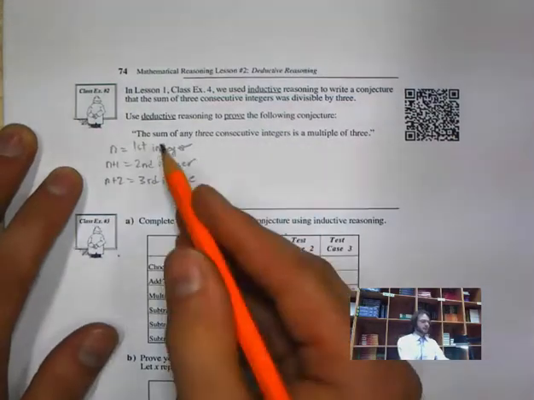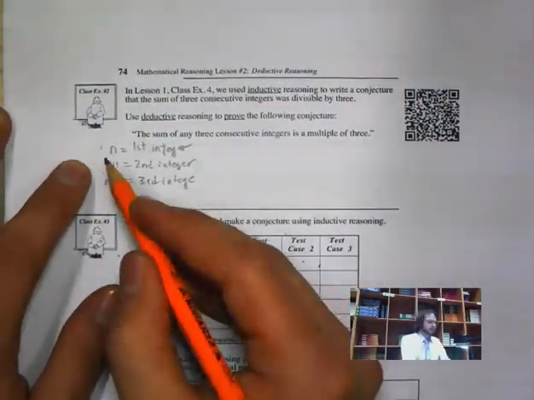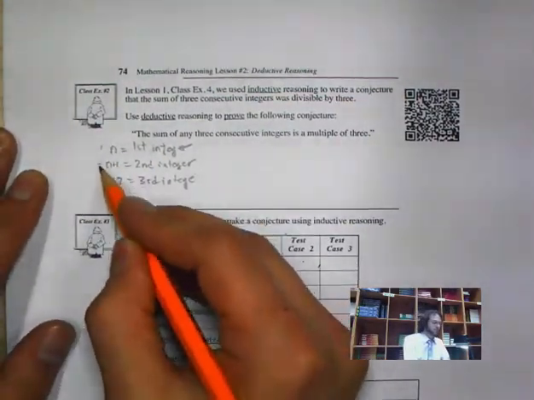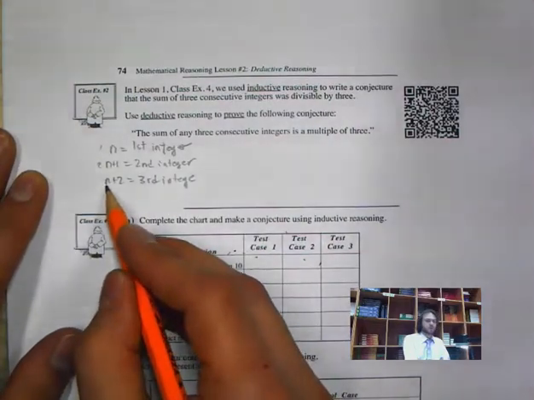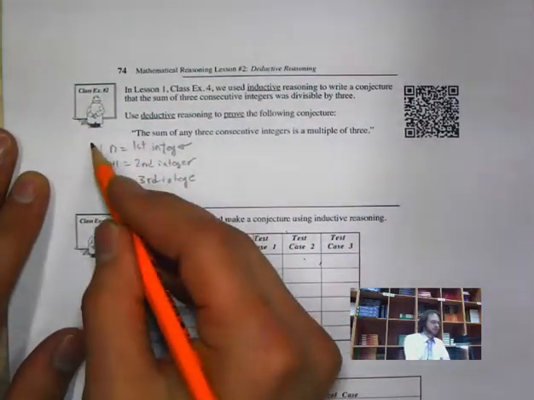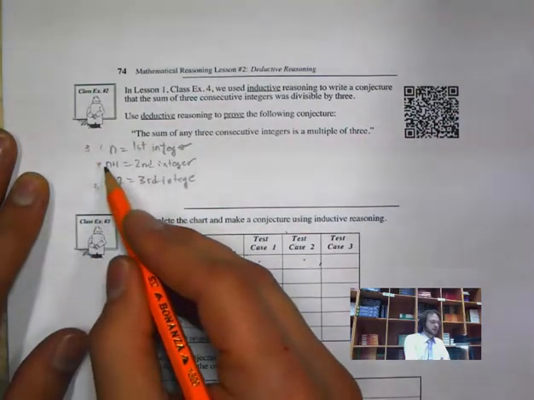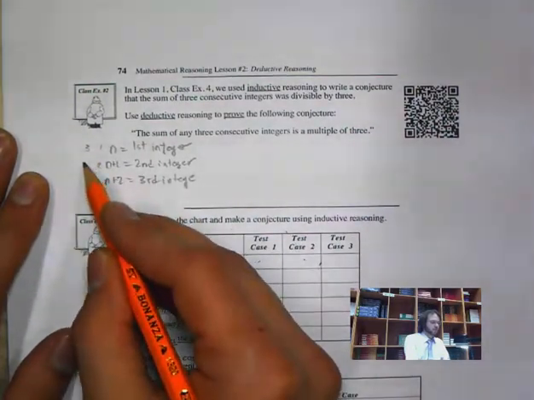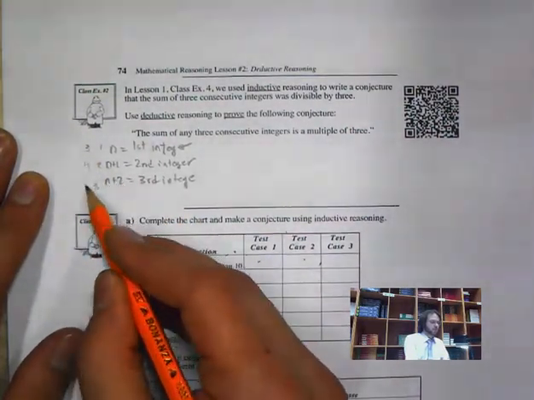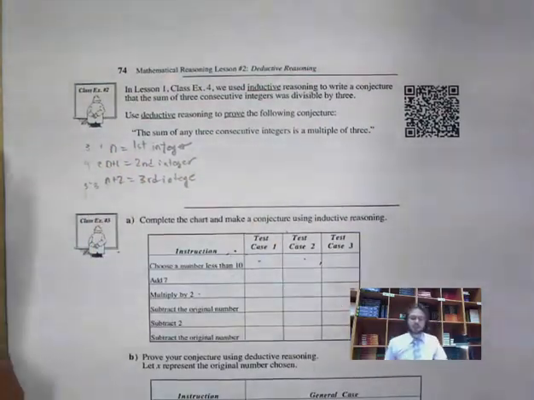Because if I put this at 1, the next one would be n plus 1, so 1 plus 1 is 2. The next would be 1 plus 2, which is 3. If I said this is 3, the next one would be 3 plus 1, which is 4, and the next would be 3 plus 2, which is 5. So those are 3 consecutive integers. That's how I got that.